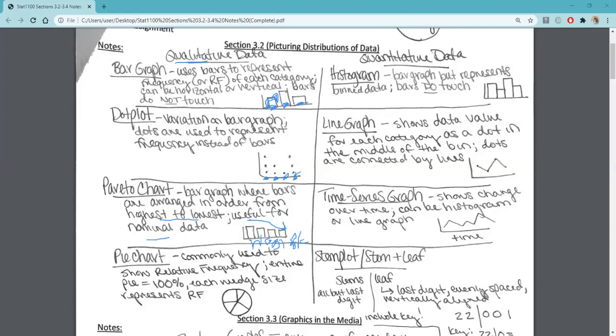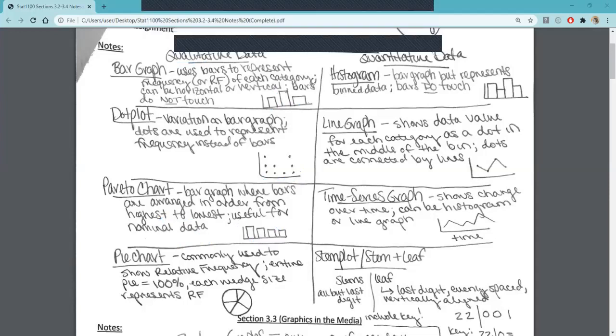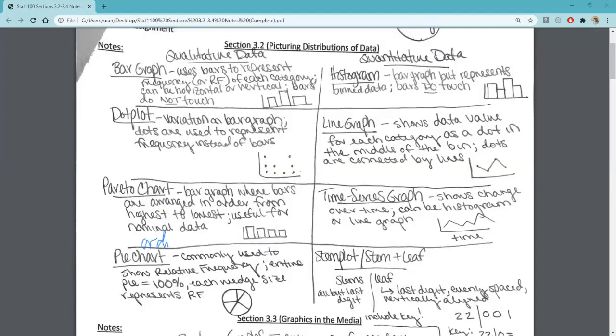There is not a natural order. If we were to use ordinal data, it wouldn't really make sense, right? So let's say that we were working with ordinal. And ordinal, for example, would be how somebody rated a movie.